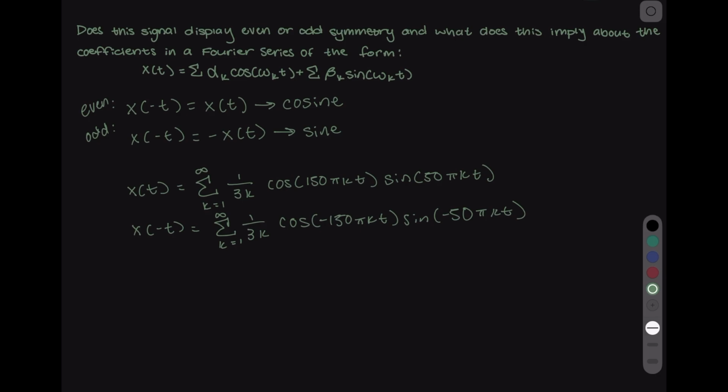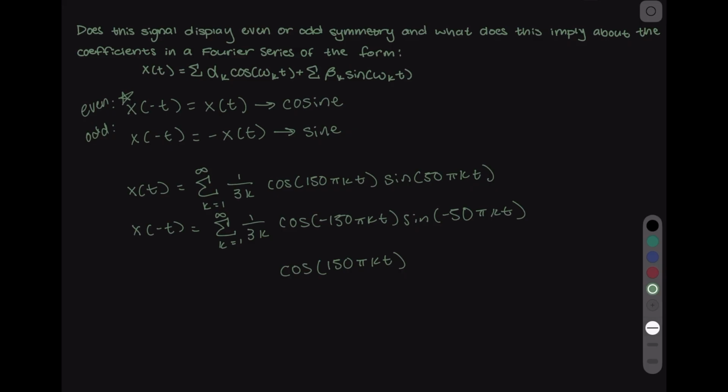So as I mentioned before, we know how each of these terms are going to behave. Cosine is an even function, so we know that cosine of negative 150 pi kt is going to be equal to cosine of positive 150 pi kt, because it has this relationship we stated up here: x of negative t is going to be equal to x of t.